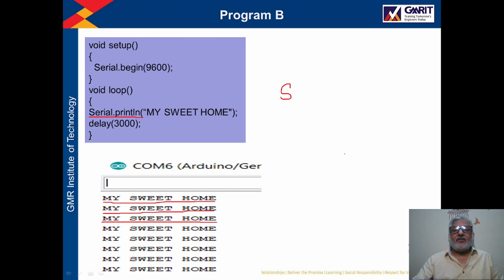Earlier it was Serial.print, right? But now it is Serial.println. So this ln means new line.